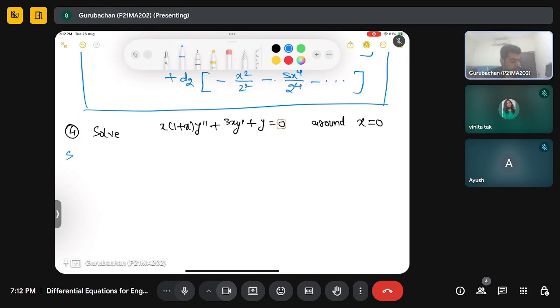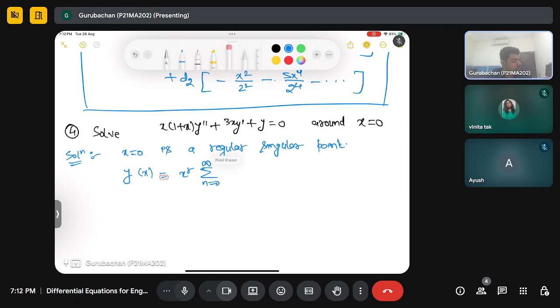So again, x equal to 0 is a regular singular point. So we will look for y(x) equal to the summation of cn x to the power n plus r, where c naught is non-zero.